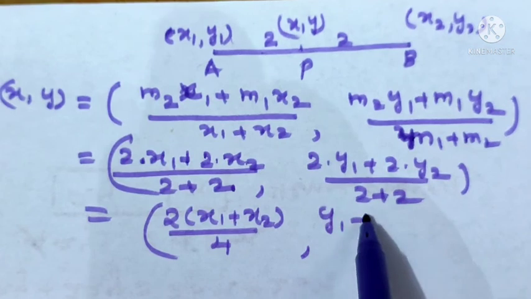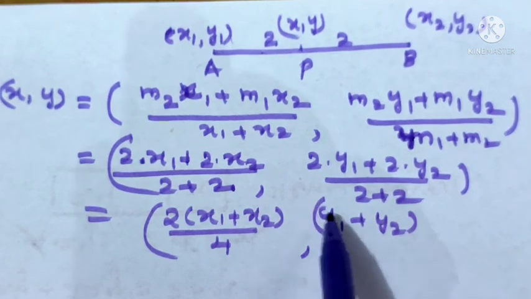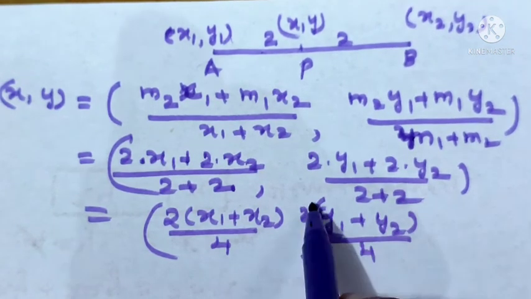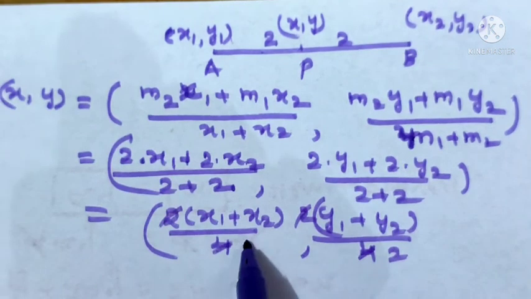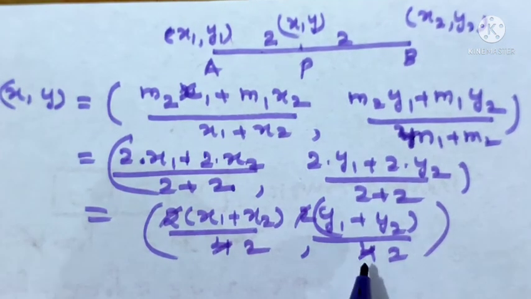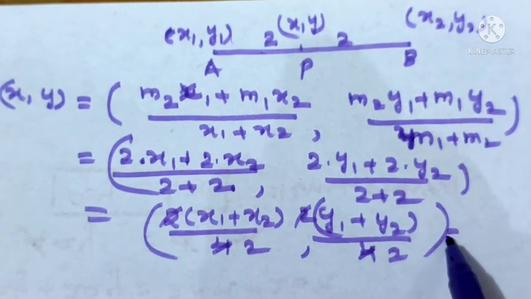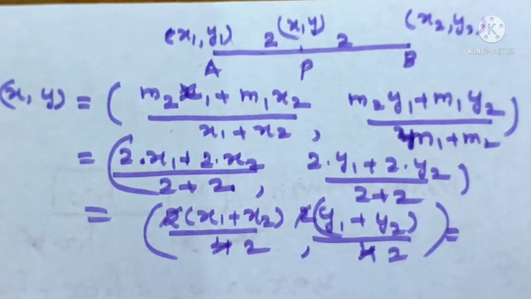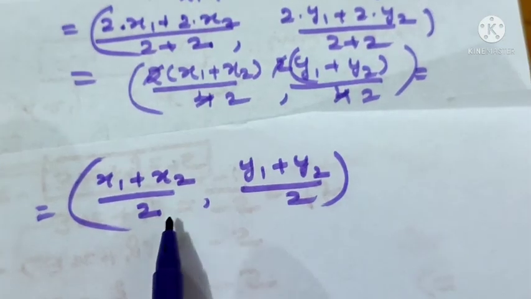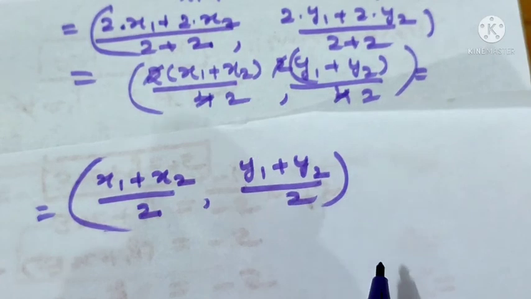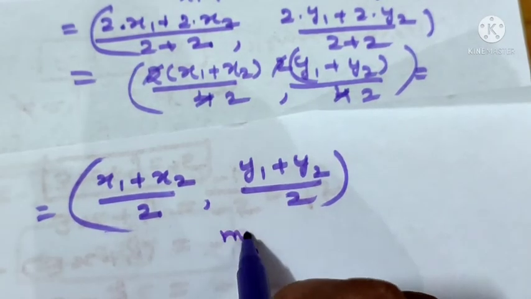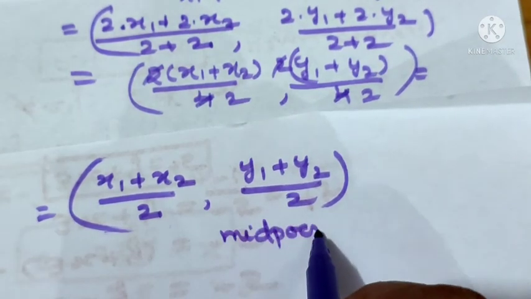Similarly, (y1 + y2) with the 2 common divided by 4. 2 and 4 will get cancelled. Again you are getting the same formula, (x1 + x2)/2, (y1 + y2)/2. So this is called the midpoint section formula.